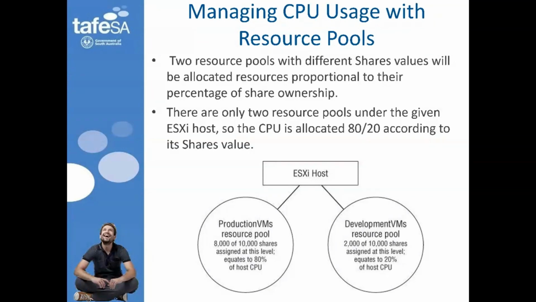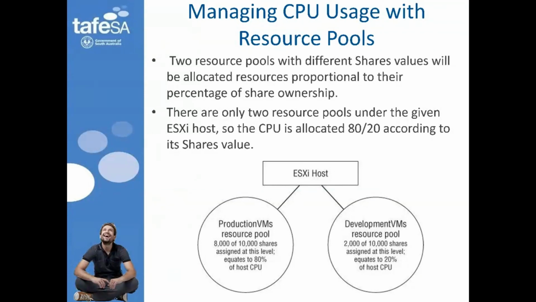You can see that the production pool has 8,000 shares, and the development pool has 2,000 shares, which makes the total 10,000. So that means production is going to get 80%, and development is going to get 20%.